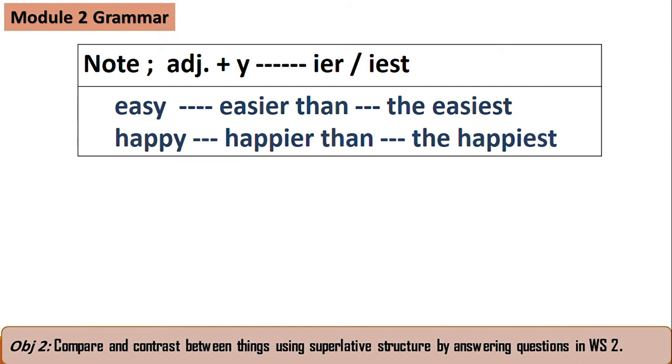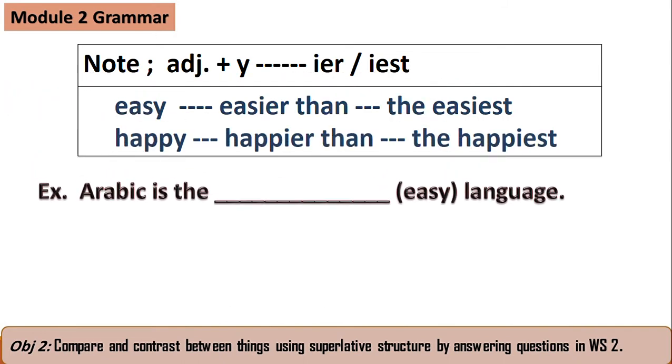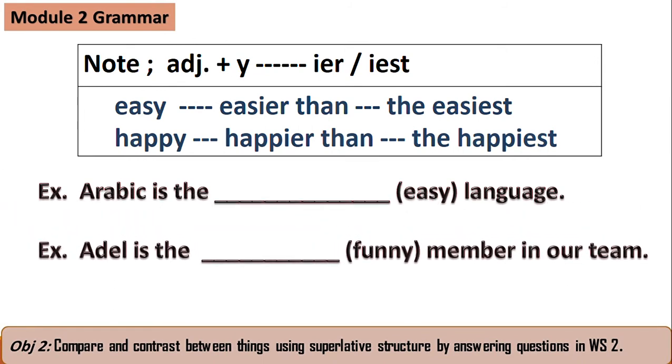Easier, the easiest. Happier, happiest. Okay? Now we have example 1 and 2. Arabic is easy language. Then you say Arabic is the easiest language. Thank you very much. Number 2, Adil is the funniest member in our team.